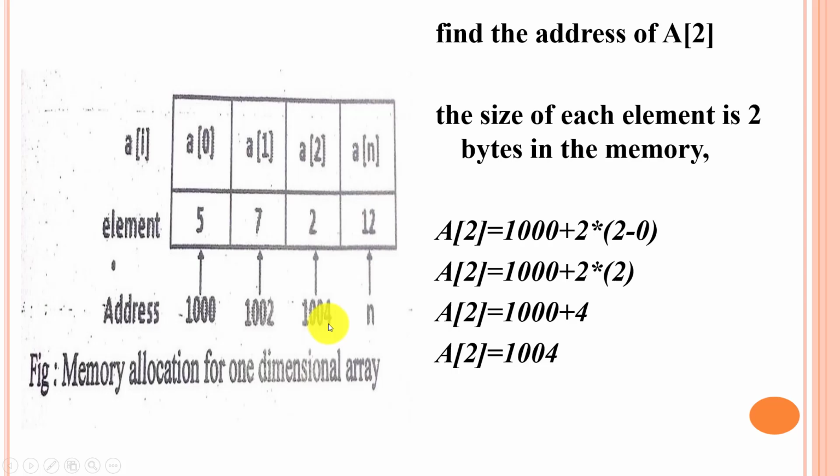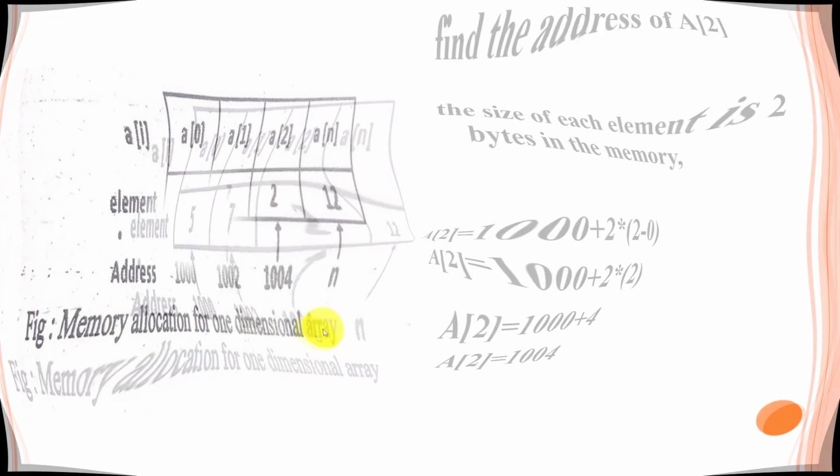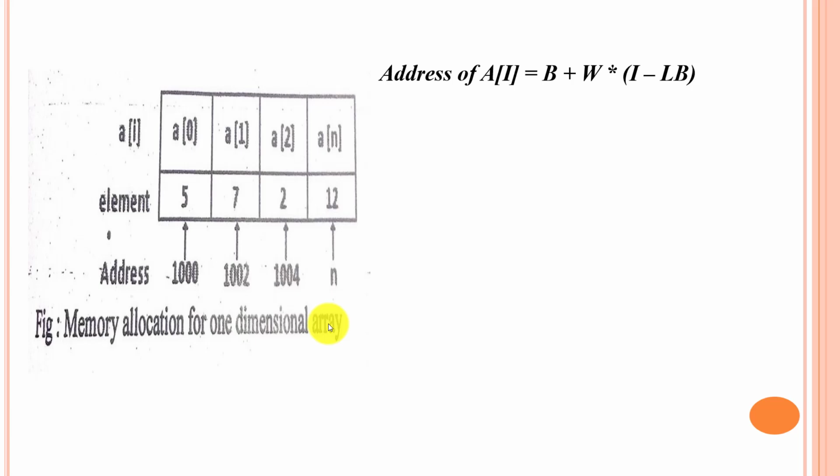So we get this memory address by using this formula. Let's derive the formula to find the address of a particular index. For A of I, B is the base address, I is the element index.